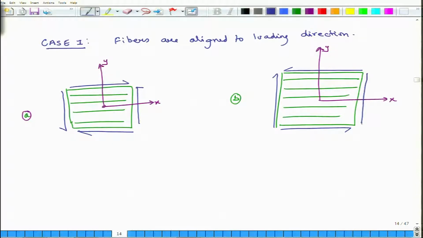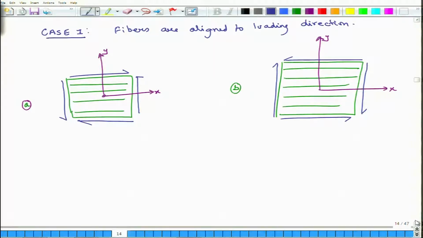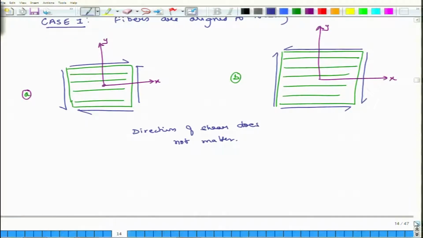In these cases, when fibers are aligned to the loading direction, the direction of shear does not matter. And you can see that mathematically.